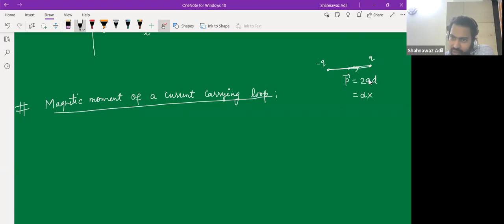So this is a and q. This is distance into charge. This was the dipole moment, right? Similarly, we have magnetic moment. In the case of dipole moment, we had distance.